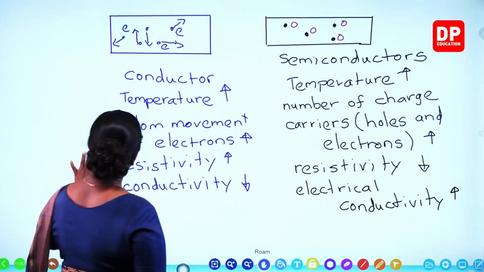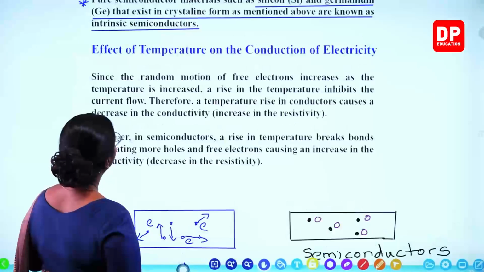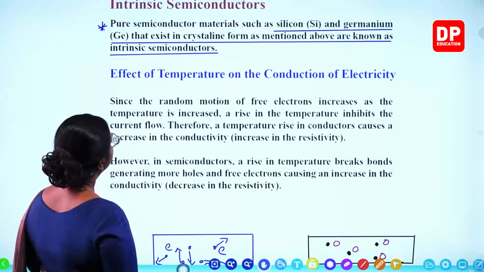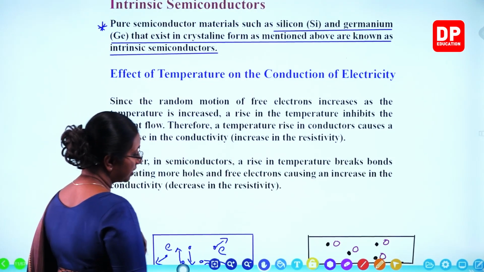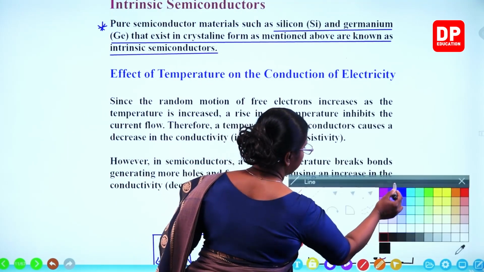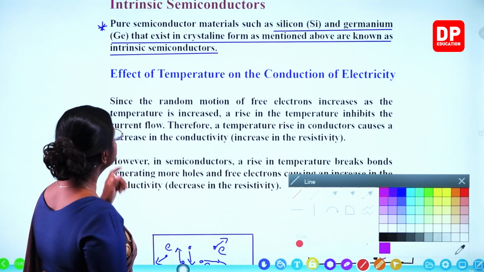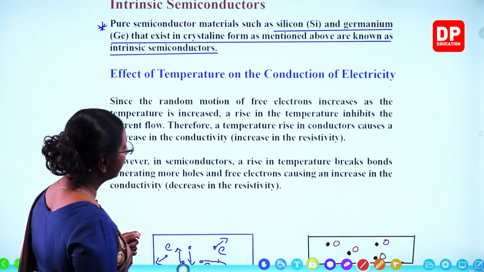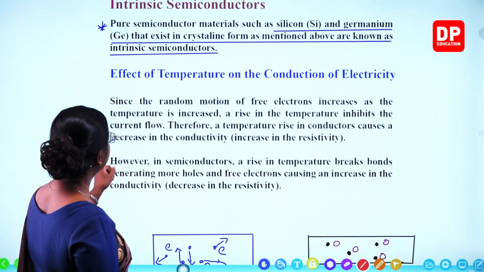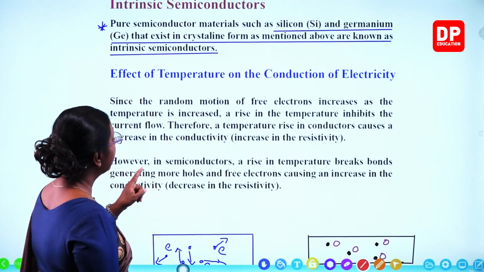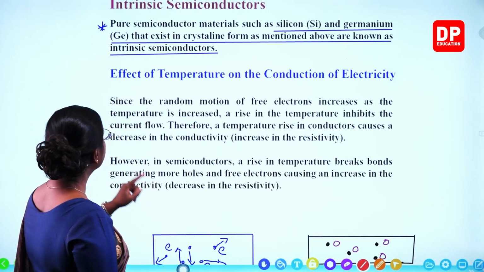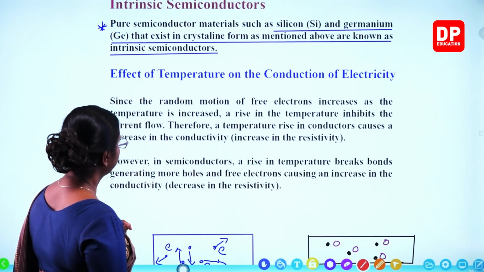So if I go back, here we can see the effect of temperature on the conduction of electricity. Since the random motion of free electrons increases as the temperature is increased, a rise in the temperature inhibits the current flow.